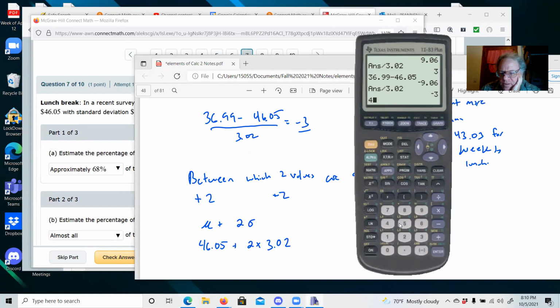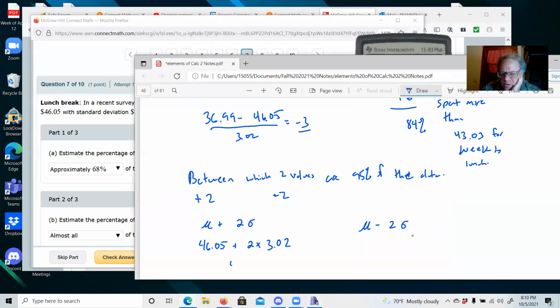So 46.05 plus 2 times 3.02. Okay, 52.09. What about the lower half? That's going to be 46.05, their mean, minus 2 times 3.02.